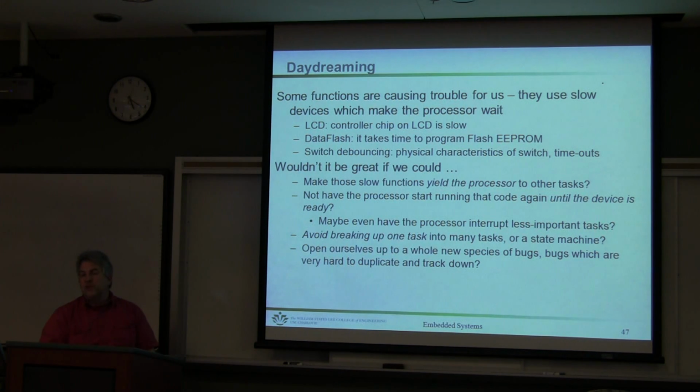So those slow functions really depend on a peripheral. Wouldn't it be nice to make those slow functions give up the processor? In other words, not have us poll, but give up the processor, and when that peripheral is done, come back and say, all right, I'm done, let's go on to the next task. And that may be needed if you have a very complex system.